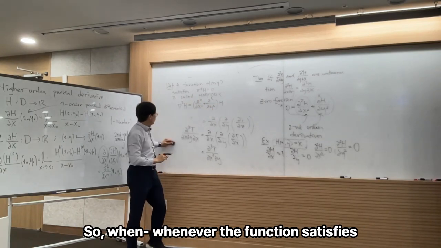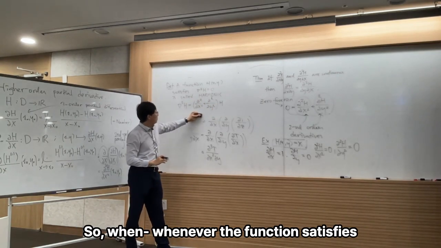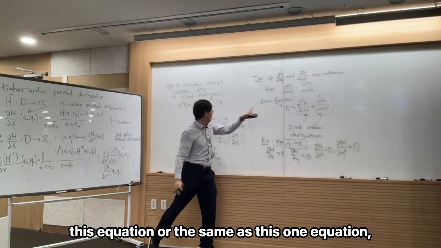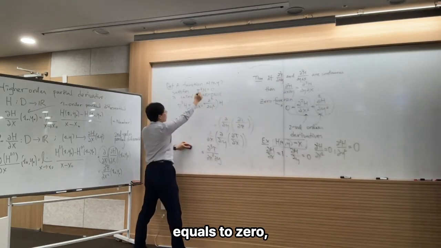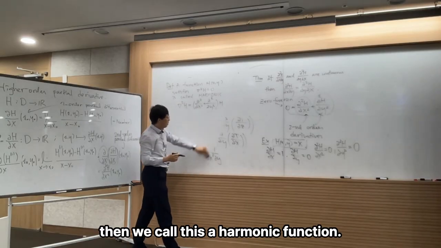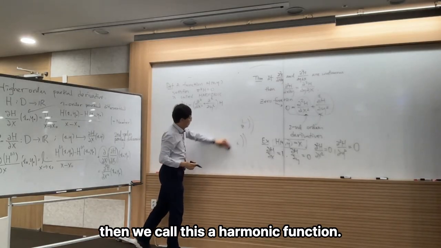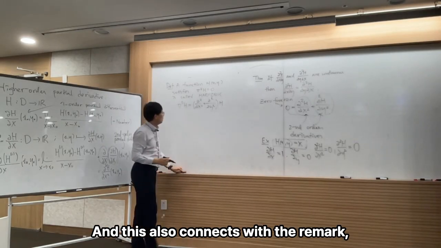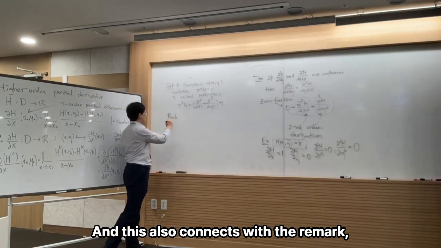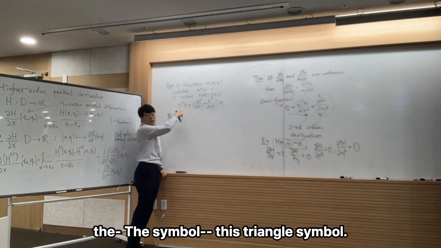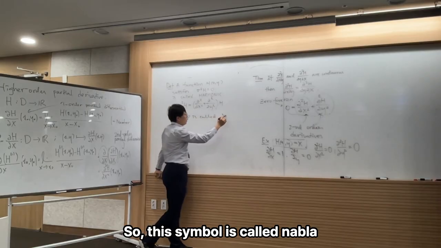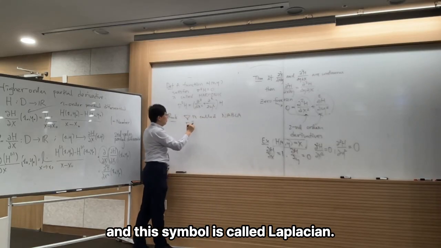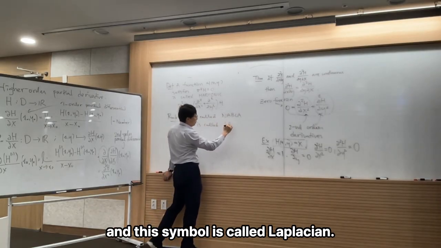Okay, so whenever the function satisfies this equation, equals 0, then we call this a harmonic function. And this also connects with the remark, this triangle symbol. This symbol is called nabla, and this symbol is called Laplacian.